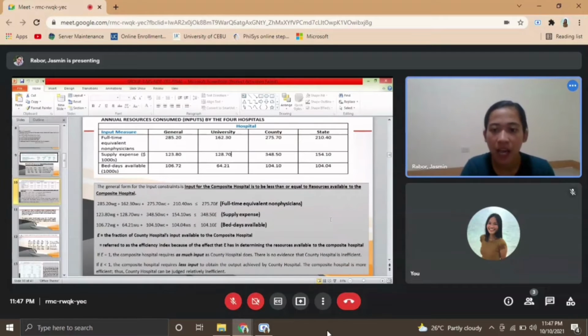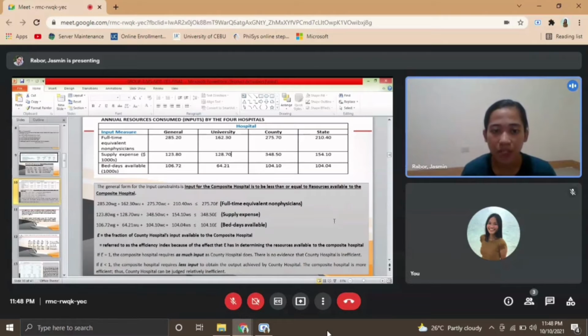Next, the annual resources consumed by the four hospitals, or the inputs of the four hospitals, and there are three given inputs, namely full-time equivalent non-physicians, supply expense, and bed days available. Full-time equivalent non-physicians: 285.20 for general, 162.30 for university, 275.70 for county, 210.40 for state.